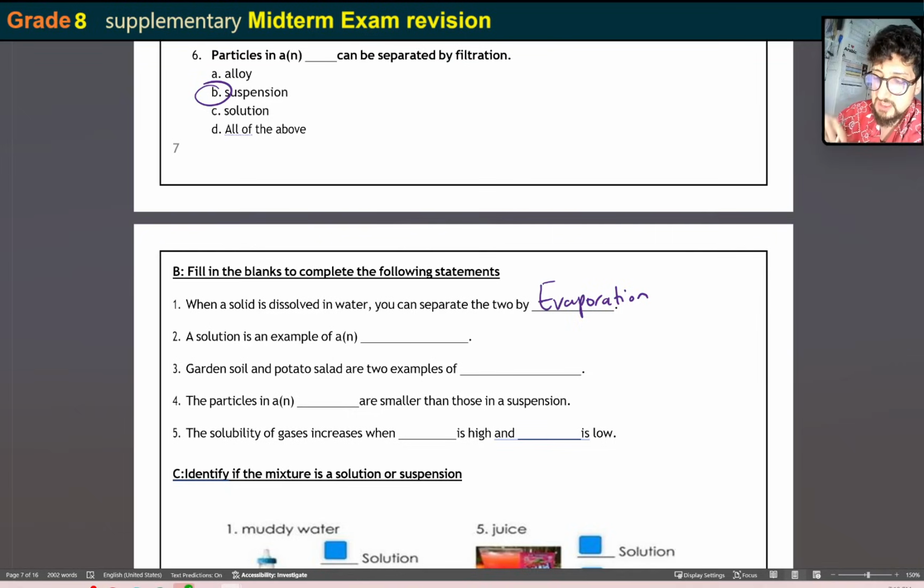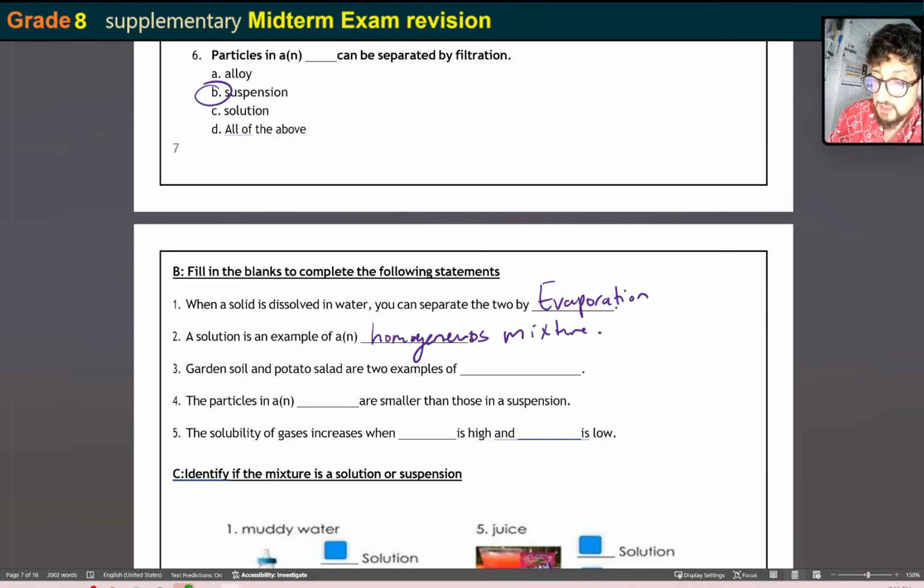A solution is an example of a mixture, a homogeneous mixture to be exact. Homogeneous just means it is made of one substance, it's completely mixed in.